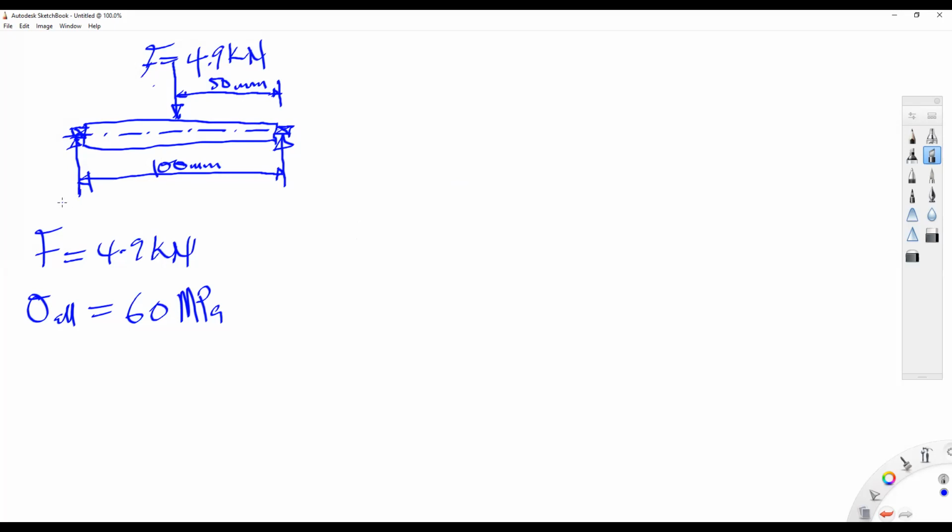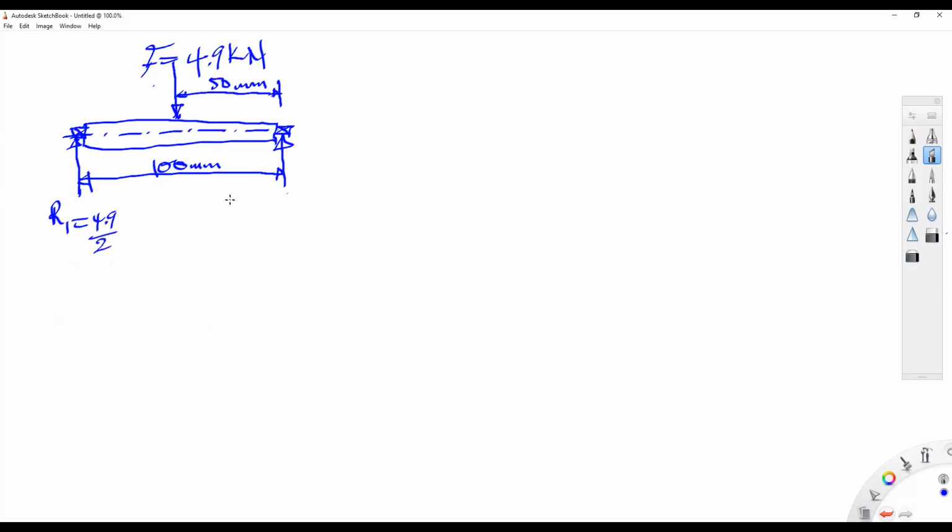Okay, so the reaction here, let's say this is R1. Because the load is acting in the middle, if this is R1, it will be equal to 4.9 on 2, in kilonewtons.